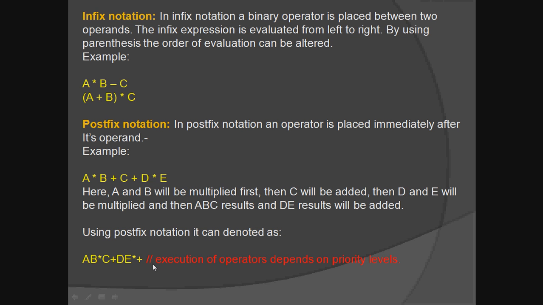Execution of operators depends on the priority level, the precedence. Since plus is lower priority than the asterisk symbol or multiplication, d e multiplication symbol is written first, and after that plus, even though the plus symbol comes first. So this is the postfix notation of this infix expression. Clear?